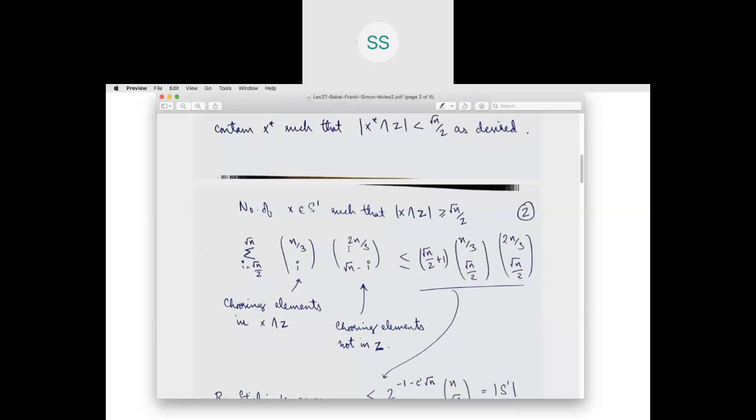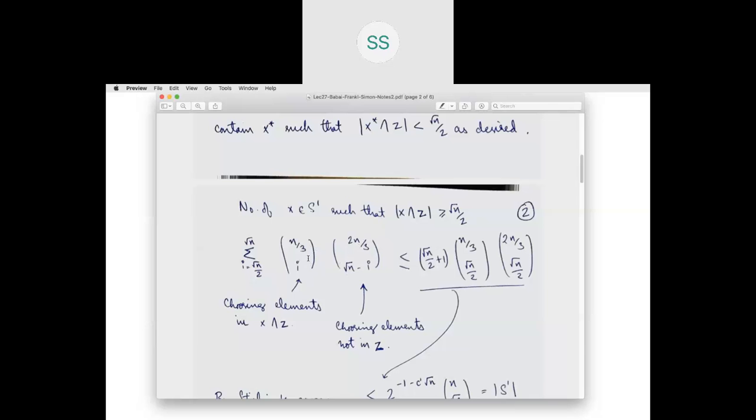I'm guessing so, because I think the closer we are to the middle, the larger the product of these two binomial coefficients. So the point that I'm making is that z is of size n by 3 or less, and you could have the size of z here and n minus the size of z there, but this is maximized when the size of z is exactly n by 3. So that's why this is an upper bound, right?